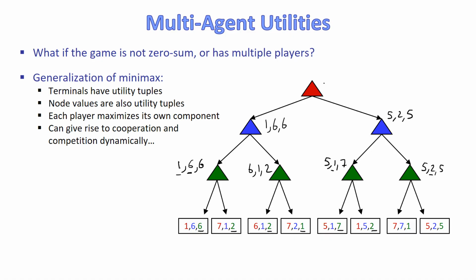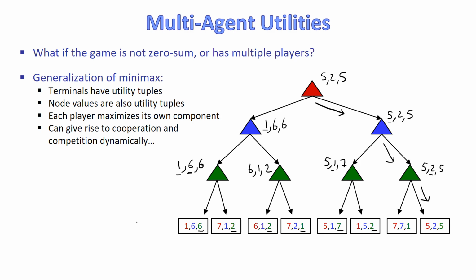Now it is the turn of the red player. The red player will maximize his own utility, which is the first number, so he will choose 5, 2, 5. So if that game is played, and assuming that this is the whole game, then red will go right, blue will go right, and red will also go right. That's how the game will be played if this is the search tree.